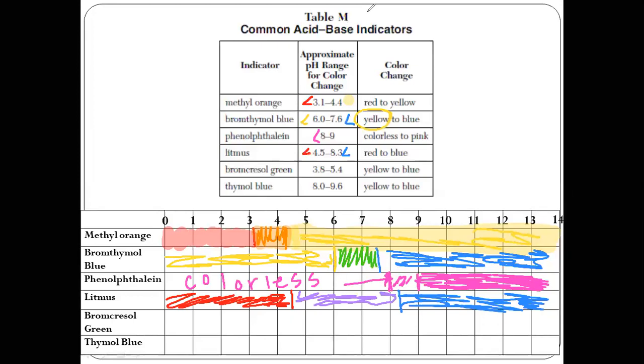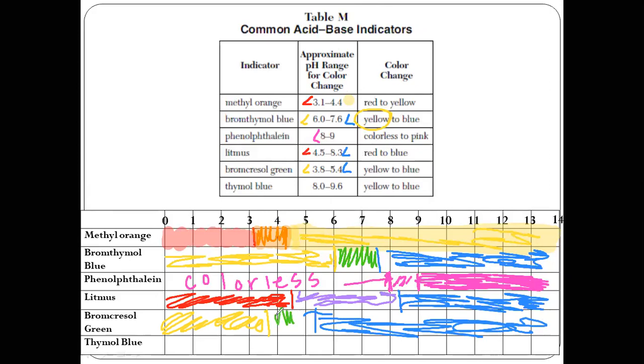Okay. We have yellow to blue again on the last two. So for bromocresol green, yellow to blue is yellow up to 3.8. Okay. Above 5.4 is blue, so it's going to be blue all the way. And then in between is green.